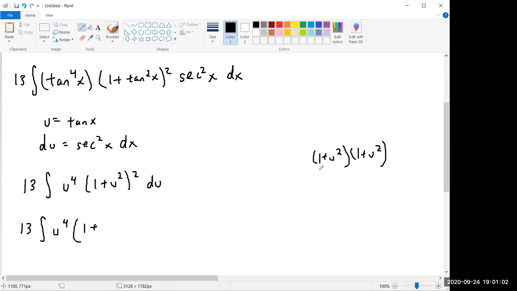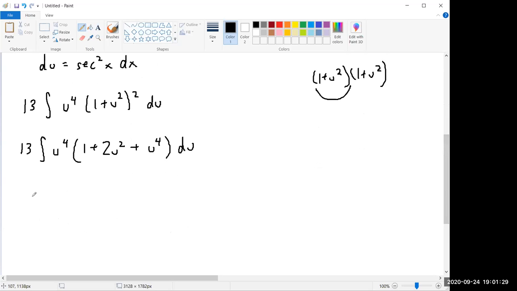So you do this first, 1 times 1. And then 1 times u squared and 1 times u squared, which is 2u squared. And then u squared times u squared is u to the power 4. Okay. All right, du.